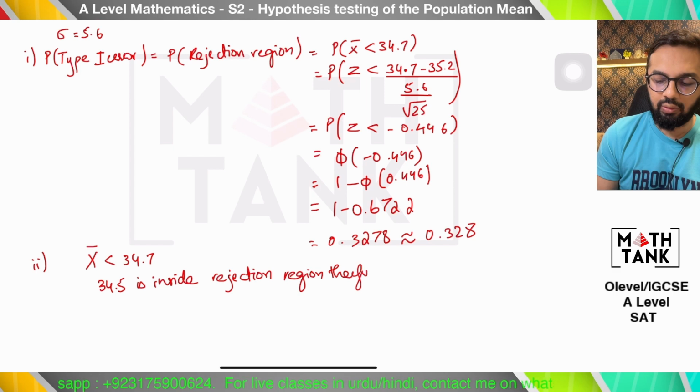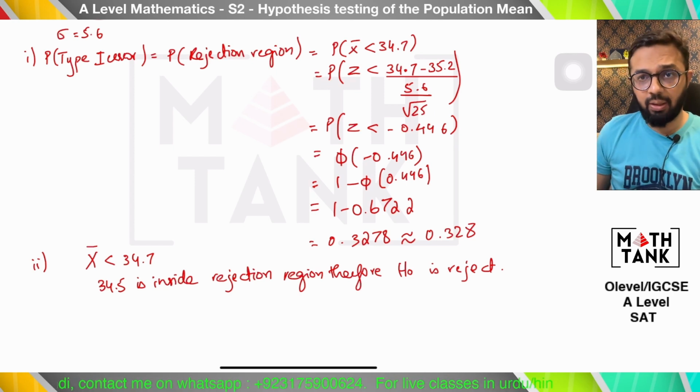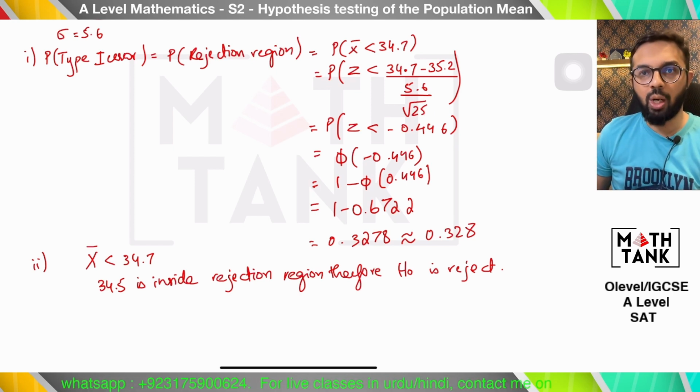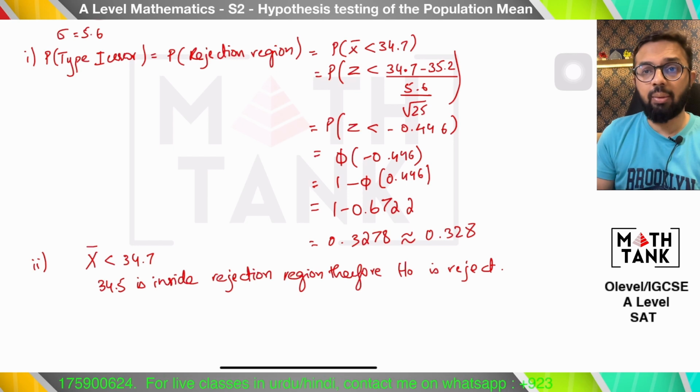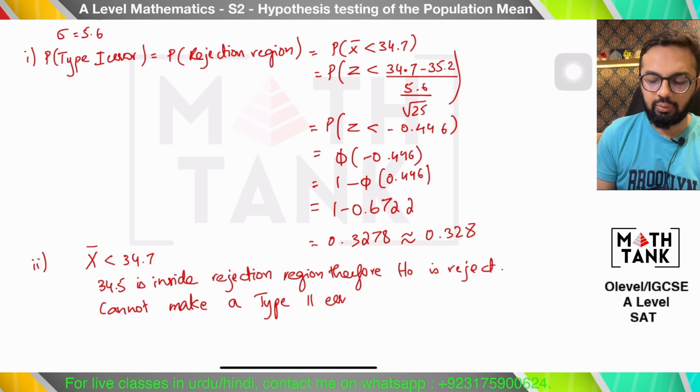Therefore, H naught is rejected. When you reject H naught, there's a possibility of making a type 1 error, not a type 2 error. Type 2 error is when you accept H naught. So he cannot make a type 2 error when H naught is rejected.